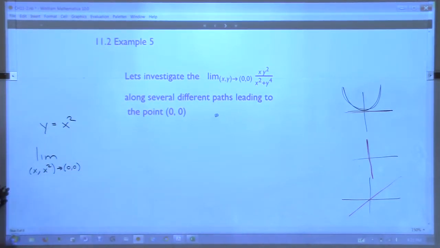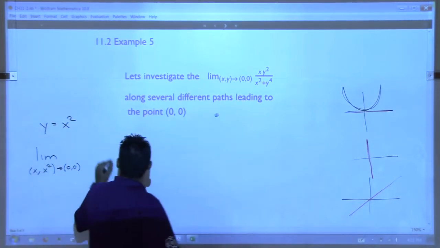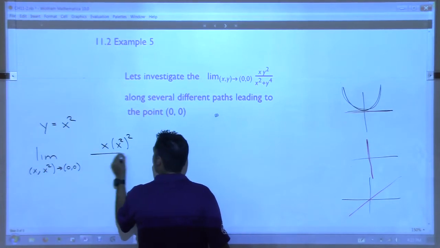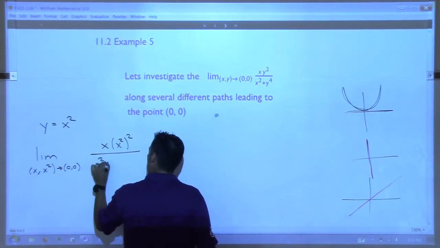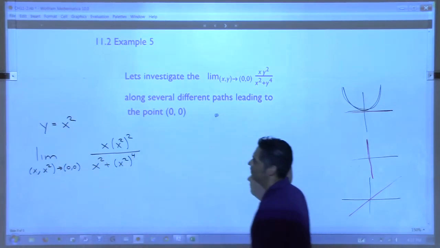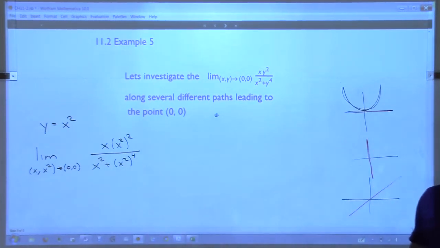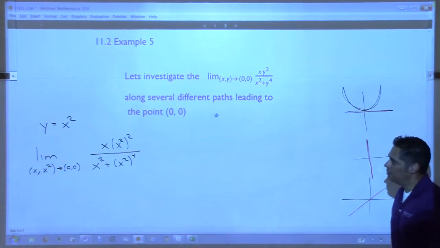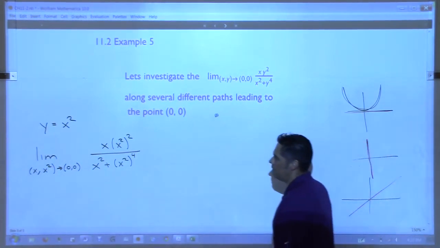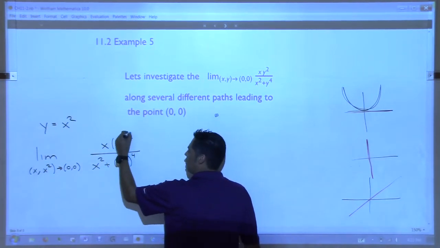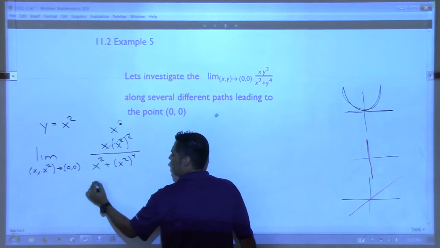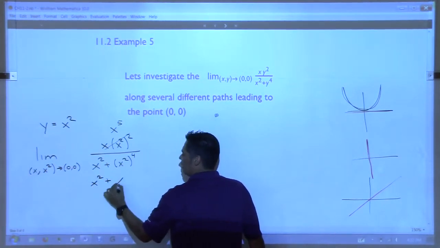So what does that become up there? x times x squared squared over x squared plus x squared to the 4th, right? So what's up top? x to the 5th. I don't want to write this all over again. This is x to the 5th. Then the bottom, x squared plus x to the 6th.